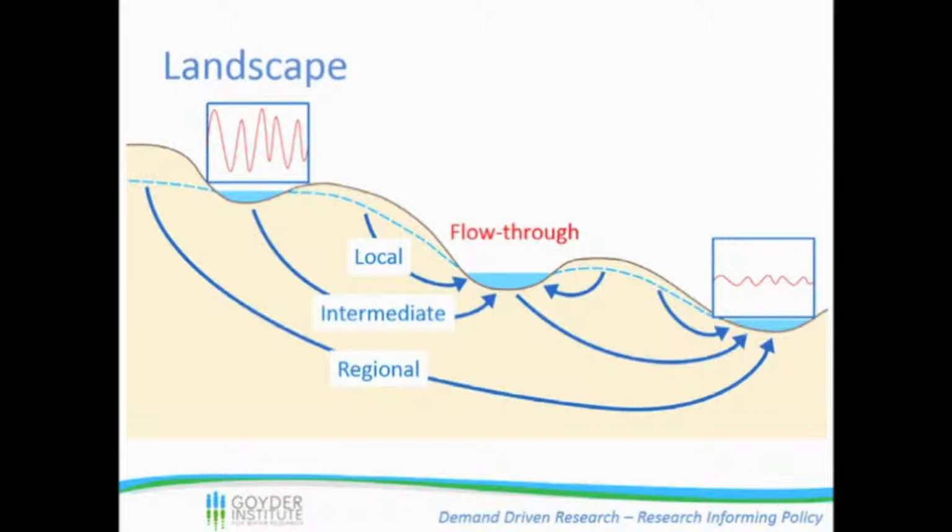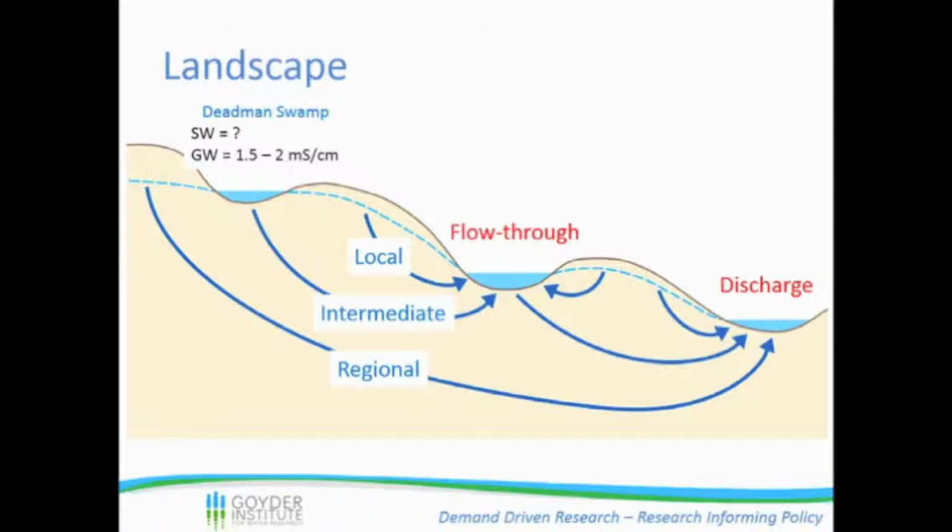Because we're in a semi-arid landscape, we can also say something about the salinity regime of the wetlands by their position. Typically, in places like Deadman Swamp, it used to be fresh water, but there's hardly any water in it anymore. But the groundwater surrounding the wetland is quite fresh, 1.5 to 2 millisiemens per centimeter.